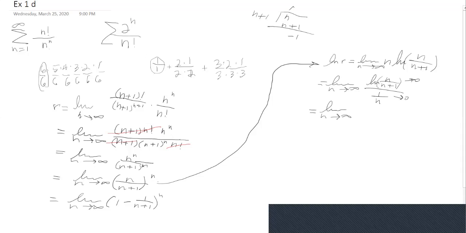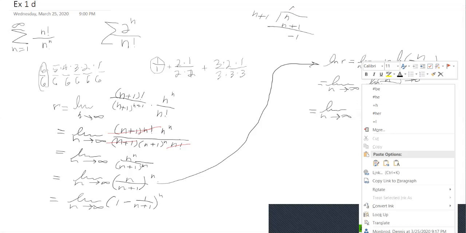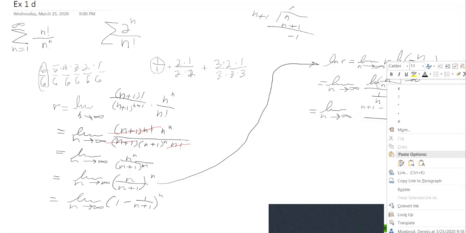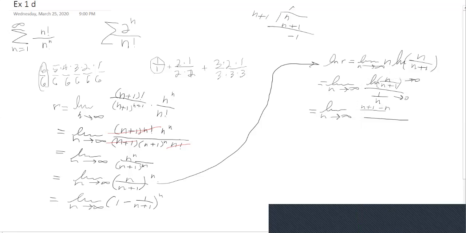Now, okay, so we need our derivative. We want the derivative of that, so that's going to be kind of messy. It'll be n plus 1, because that's the derivative of the numerator times the denominator, and then minus another n, over n plus 1 squared.